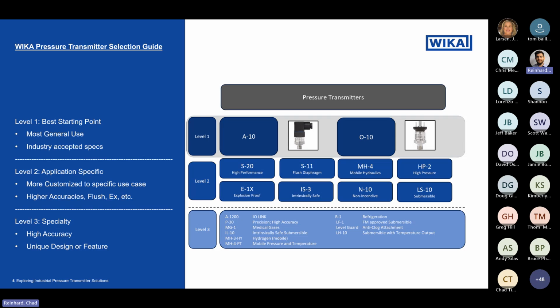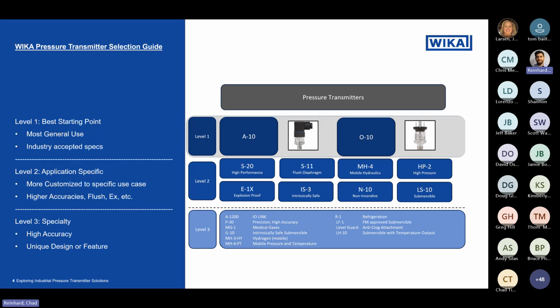Then the next 3 in this lineup are what I call the hazardous suite of products: the E10, the IS3, and the N10. The E10 has E1X because it can come in either a standard process connection with an orifice, or a flush diaphragm, much like the S11, just explosion proof.